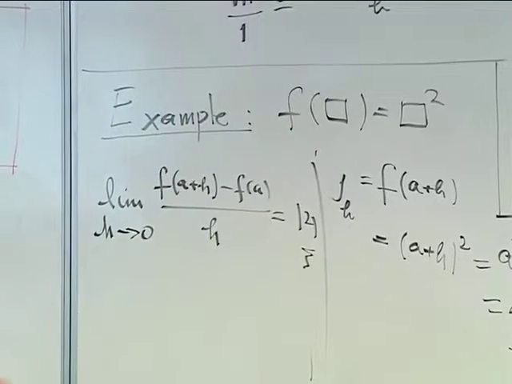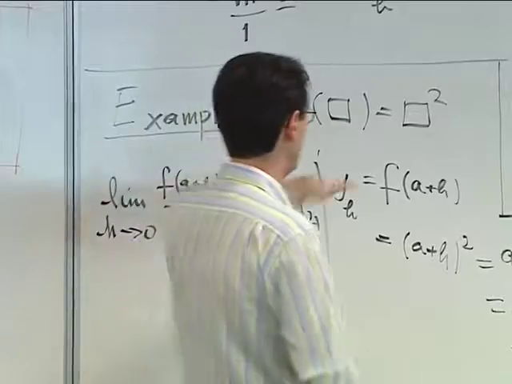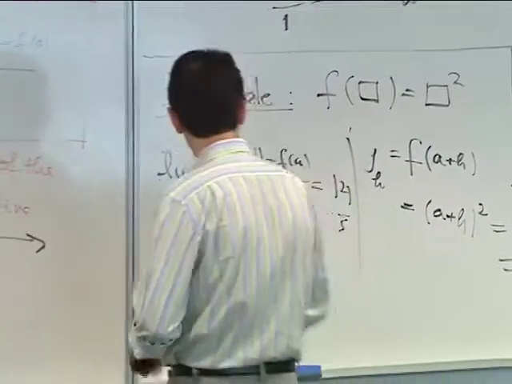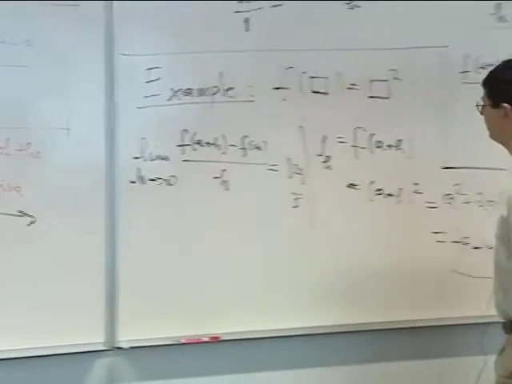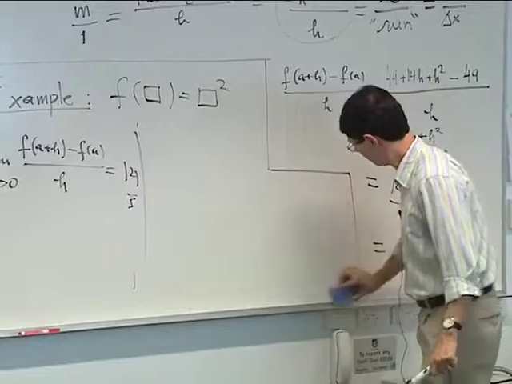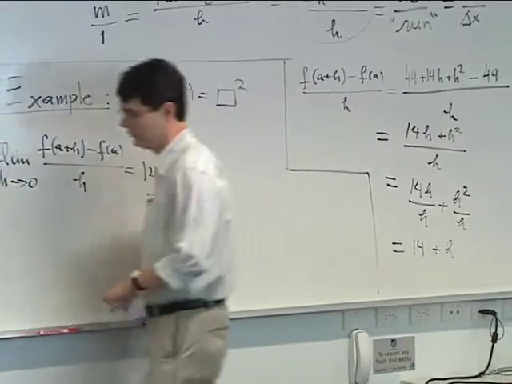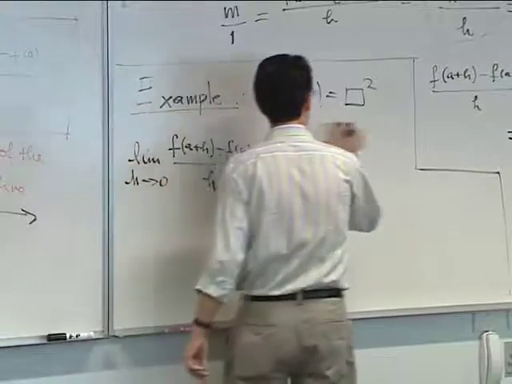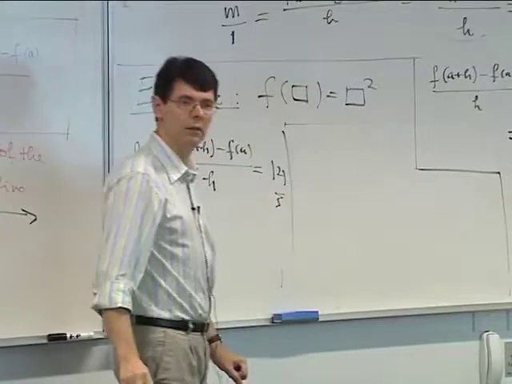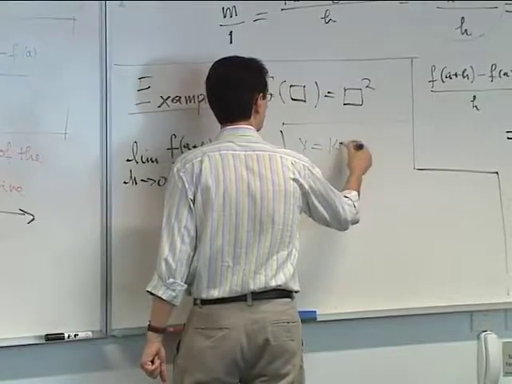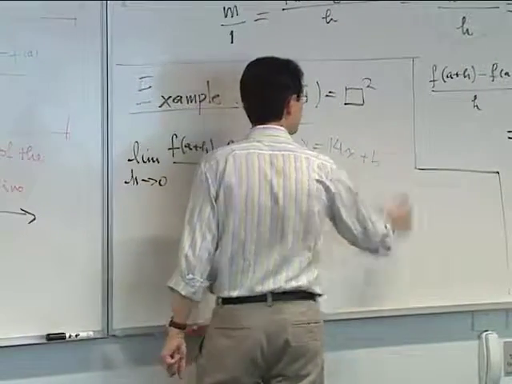Okay? What's the meaning of that? We went through all of that and maybe we forgot what we were doing. The meaning of that is the following. If I am going to write the equation of a tangent line, the equation is going to start y equals 14x plus b.